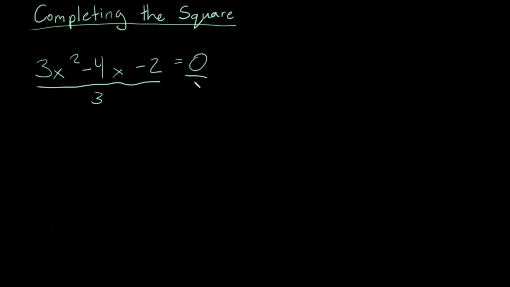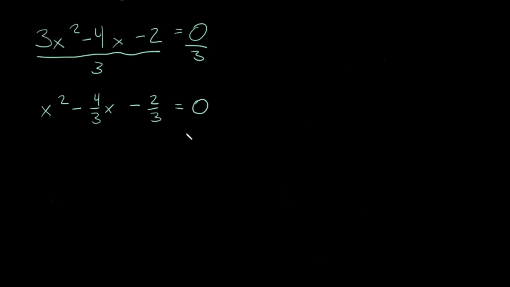I don't need to worry because it still keeps at 0. So this becomes x squared minus 4 over 3 x, minus 2 over 3 is equal to 0. Now, how do we go from here? Well, it's basically the same steps, but they're in fractions, so it might be a little harder.